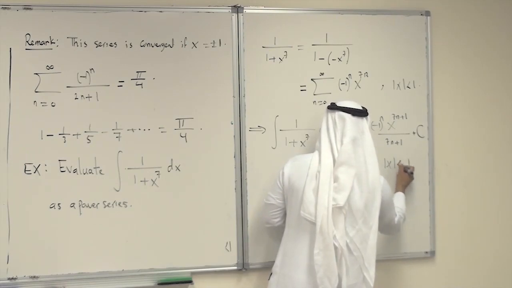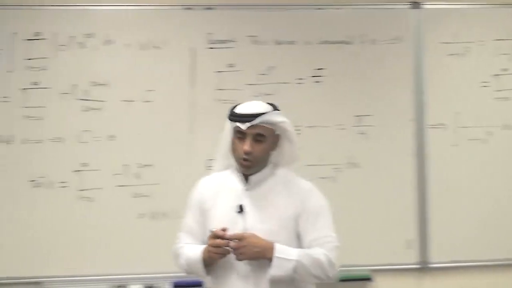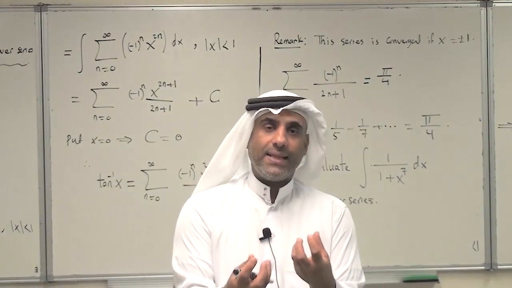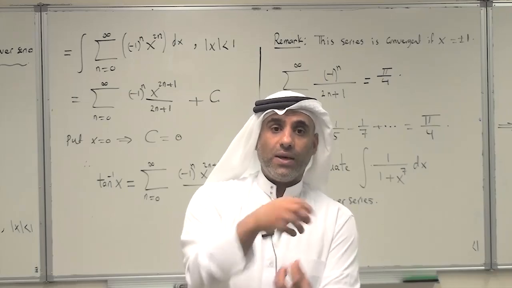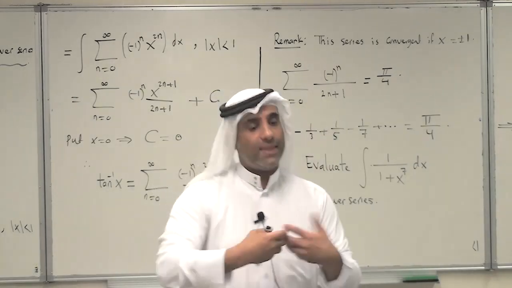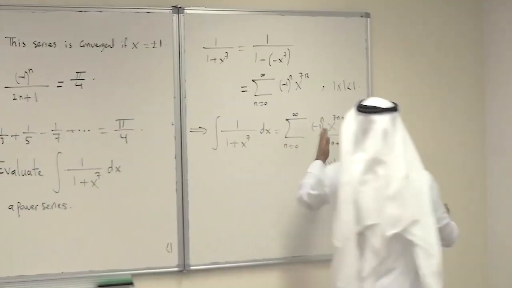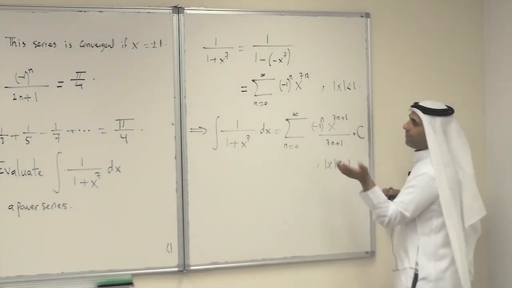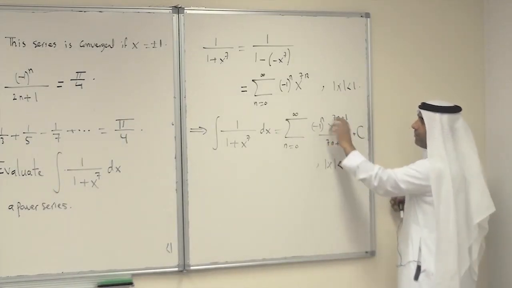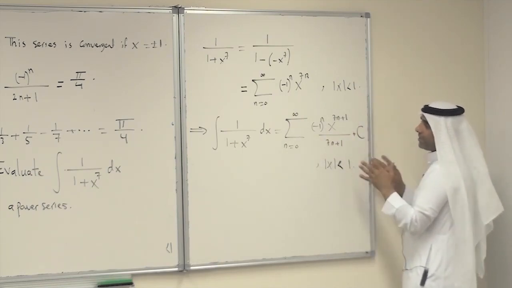So this is another application for representing a function by a power series. You may end up with integrals that are difficult to calculate. An alternative way to evaluate is to represent that function by a power series, then integrate, and then you can estimate your integral up to whatever order you like, because at the end of the day, you have an estimation theorem we did before for alternating series, so you can choose the number of points needed so that you have a certain accuracy.